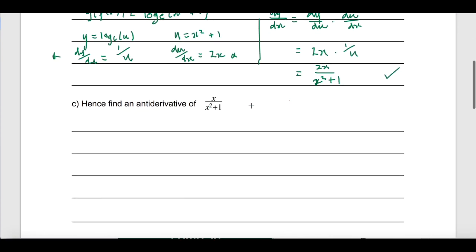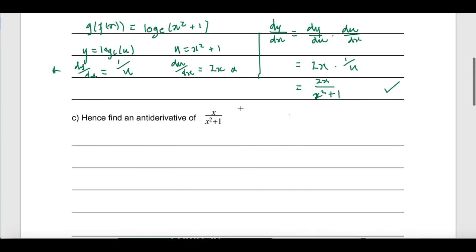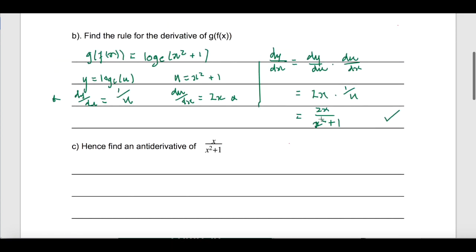Hence find an antiderivative of x on x squared plus 1. Okay, this is integration by recognition. So we need to recognize that this function here we have, we differentiated g of f of x to get this.